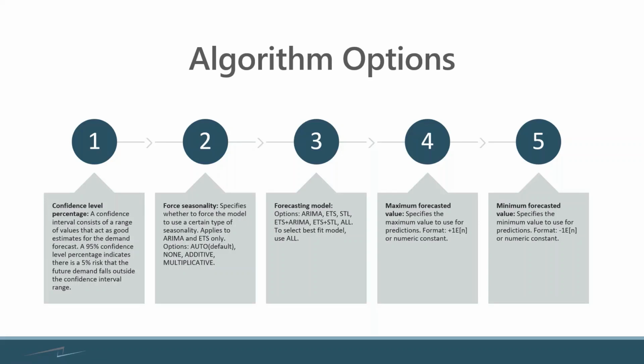Something to note there as well is when you use all and it picks the best option, it's picking the best option for everything in that item allocation key when it generates this statistical forecast. So when you're analyzing the output, you may see that there's one or two items in there that just don't seem to have the forecast you would have expected to see.